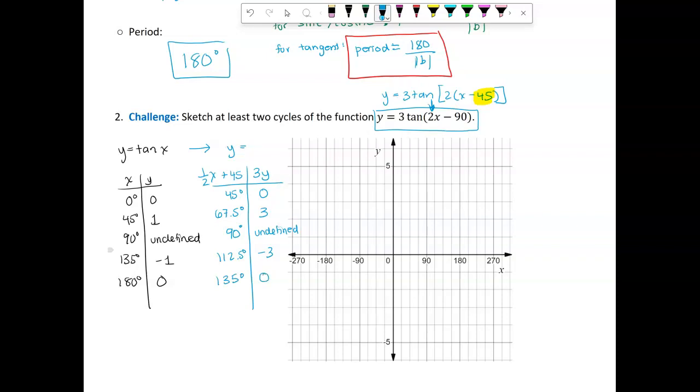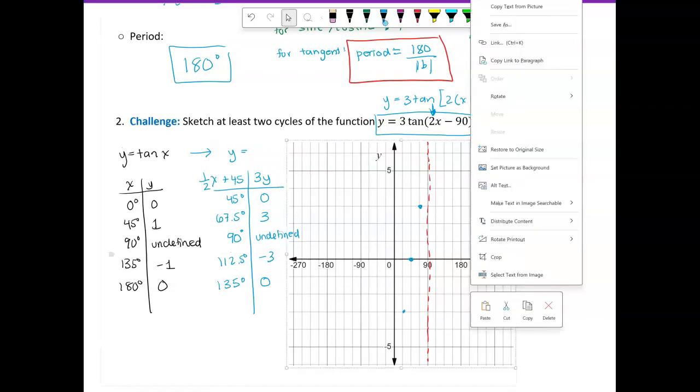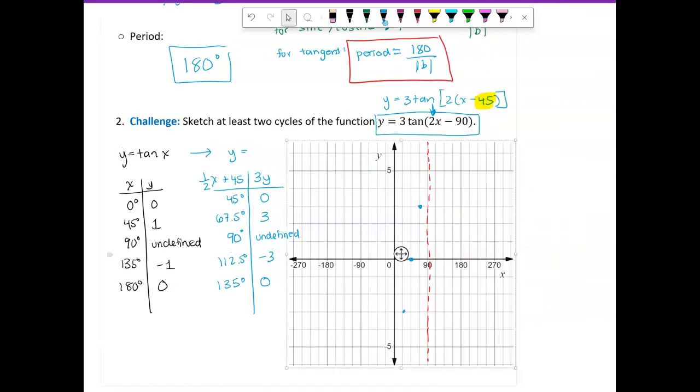So applying those points in here, well, let's do our asymptote first. So at 90 degrees, still there. And then we have a point, our 0 is down here at 45. And then what we have here is our stretch factor of 3.